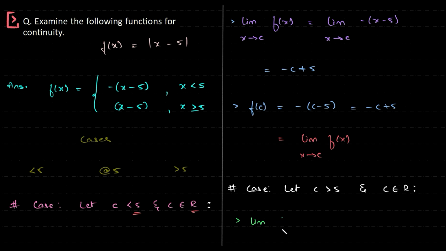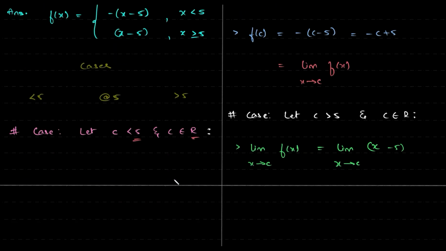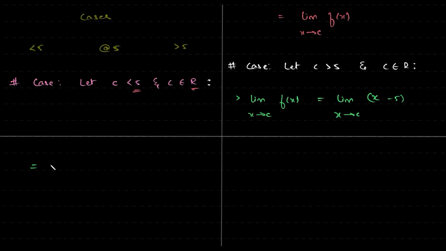Now we have limit f of x as x tends towards C. Here the expression will change to x minus 5, not C, x minus 5. Well, this is on direct substitution, by the way. I forgot to mention that. We can directly substitute because the approximation is so close that we can directly write the answer.